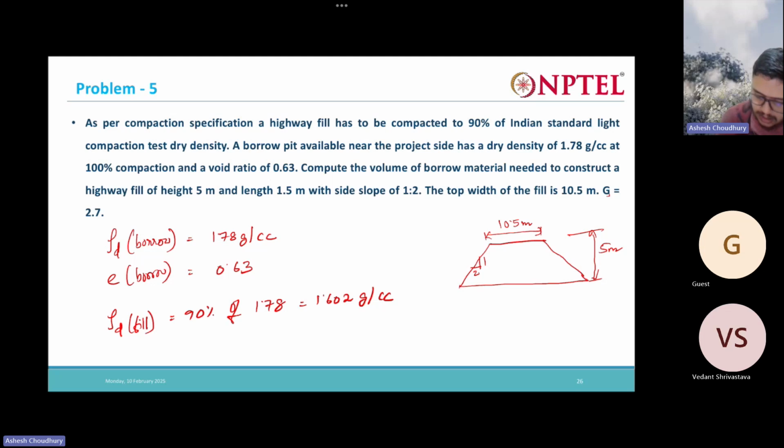The slopes are also the same, 1:2. So I can find out this length, right?